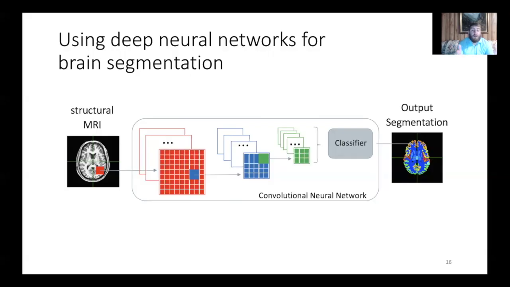What we did is we trained a convolutional neural network to take a 3D structural MRI and then output a probability distribution for each voxel over the different anatomical structures that it could belong to.